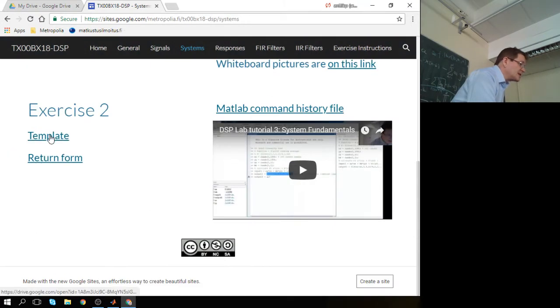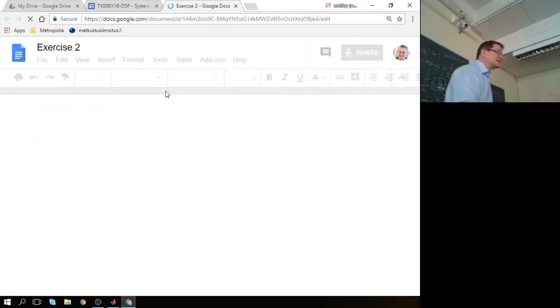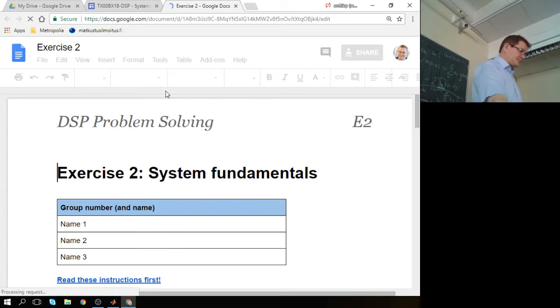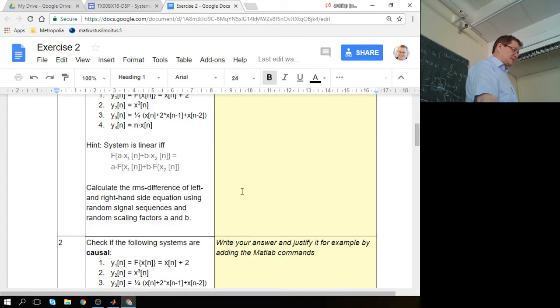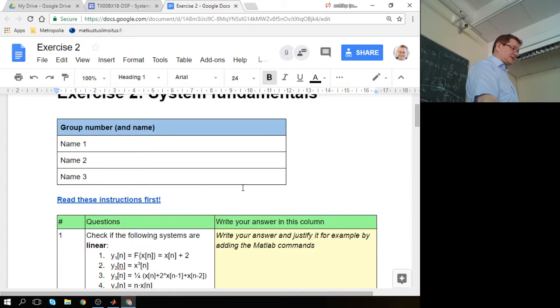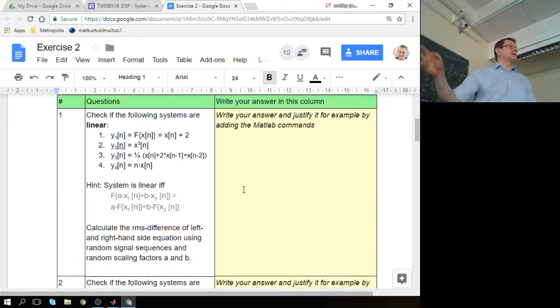I'll just check the template for the second exercise. System fundamentals. Okay, so on the first exercise, basically this is the first part: checking if the system is linear or not.